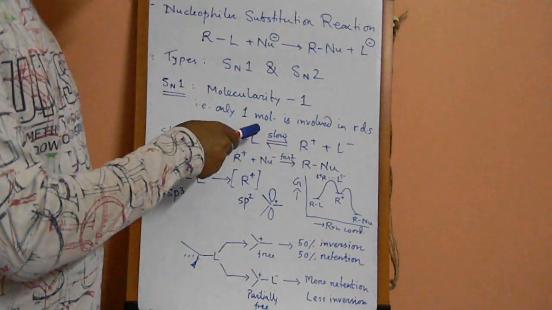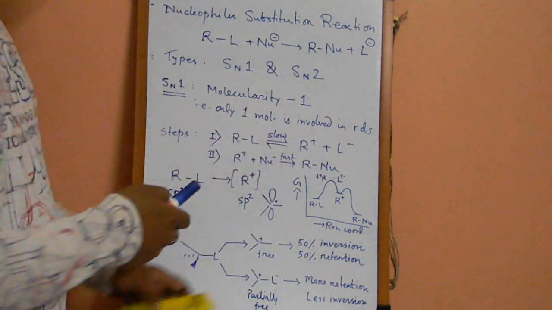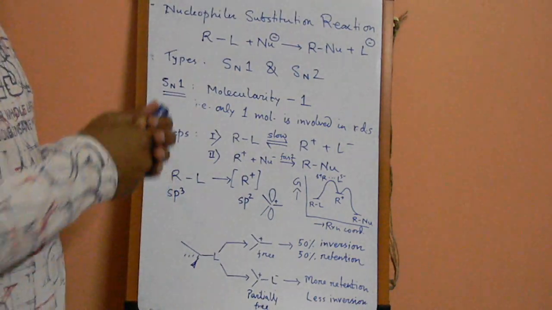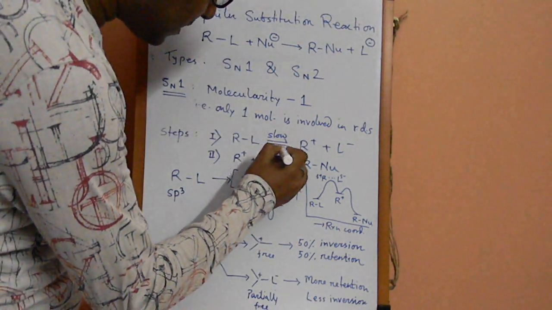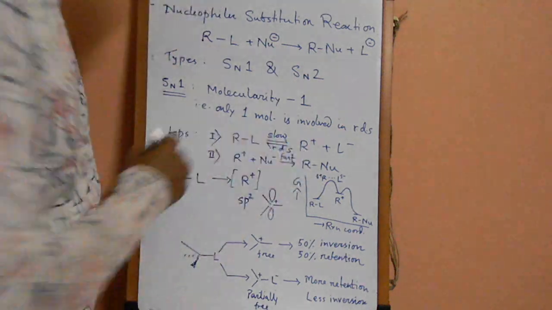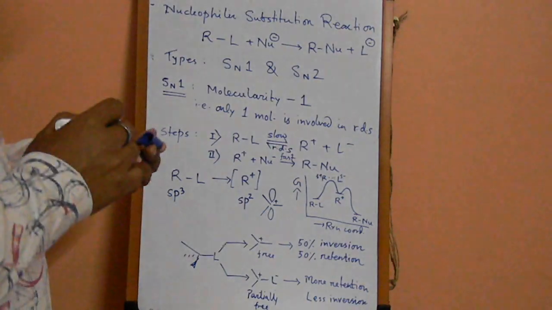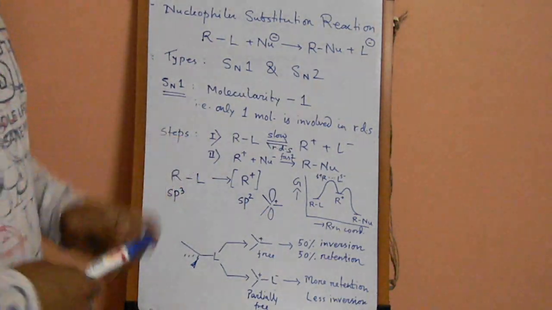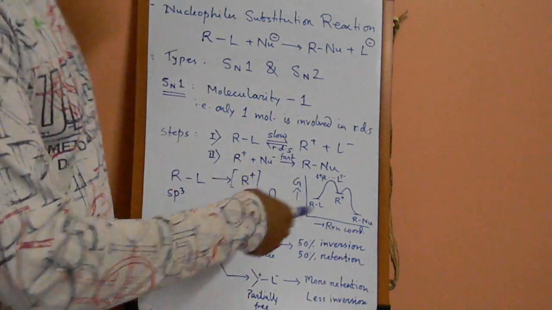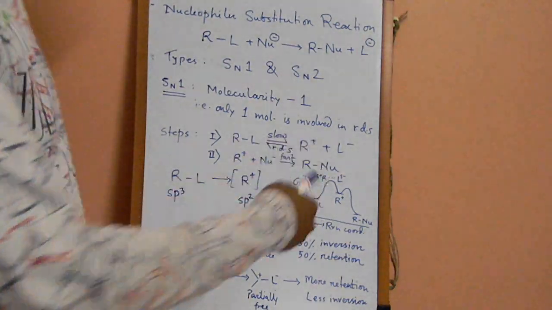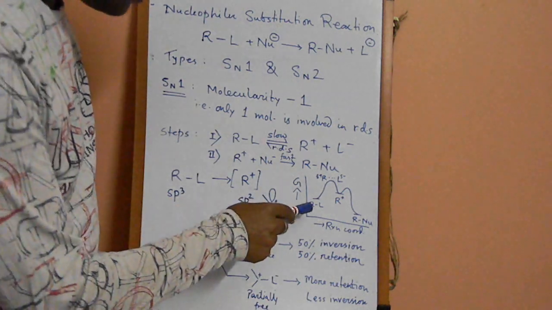The first step, which produces the R plus ion or cation, is the slowest step of the two, so this is termed the rate determining step, and the next one is relatively faster. If we draw the reaction coordinate, how does the kinetics look?